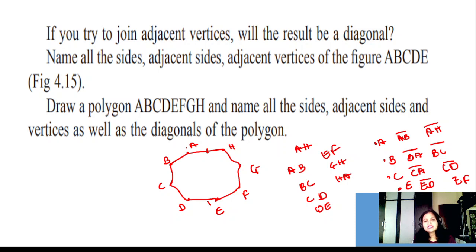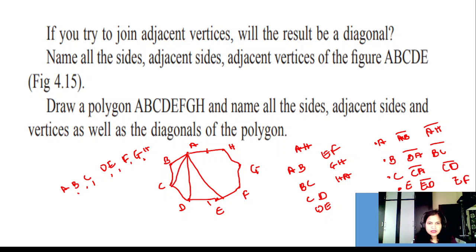What are the vertices? All these points: A, B, C, D, E, F, G, H. All these are vertices. Eight vertices. Then the diagonals of the polygon. This is a diagonal, and this is a diagonal. This is a diagonal.